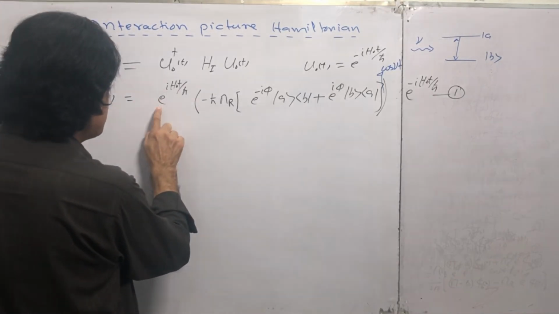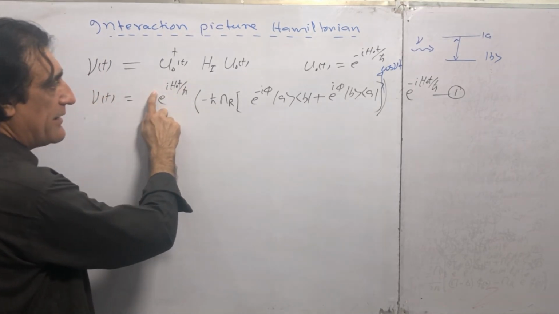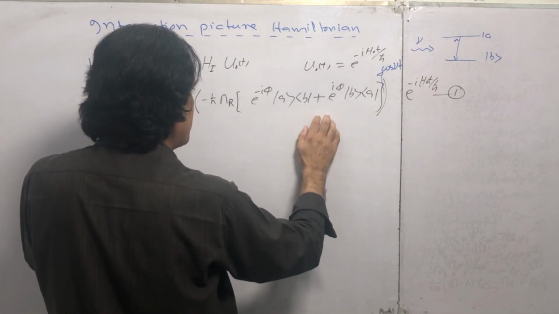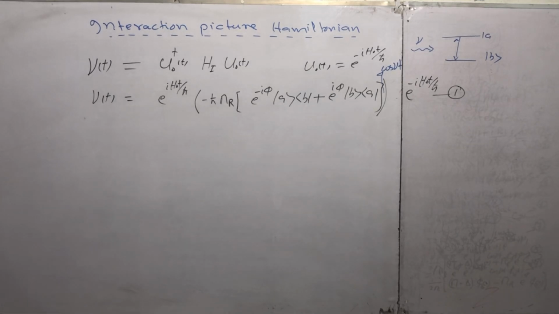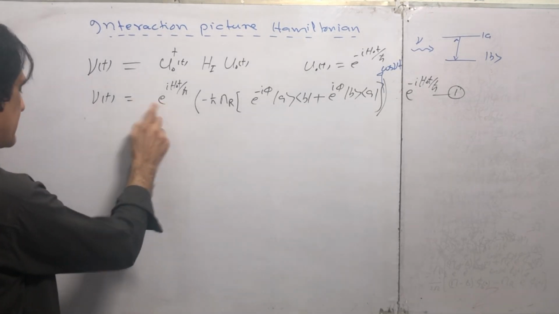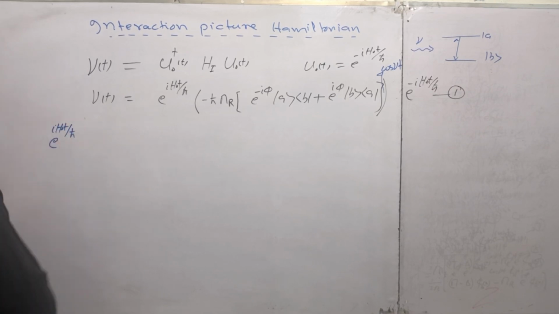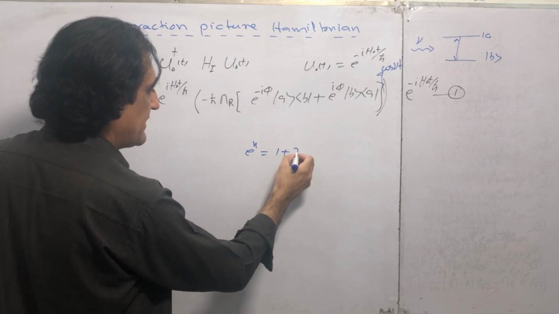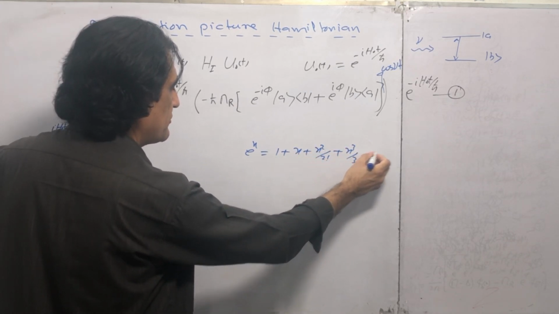Now I would like to consider this term and calculate this term and this term, and putting the value of this and this in equation number 1, and finally we will find the interaction picture Hamiltonian. Let's consider this term e to the power i H naught t divided by h bar, and we know that e to the power x is equal to 1 plus x plus x squared divided by 2 factorial, x cubed divided by 3 factorial, and so on.